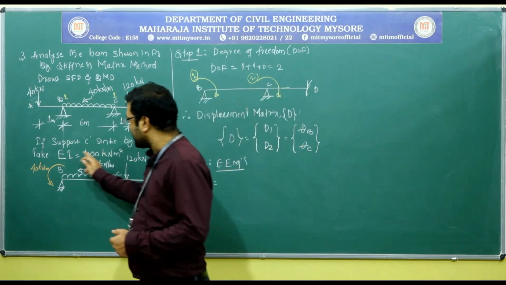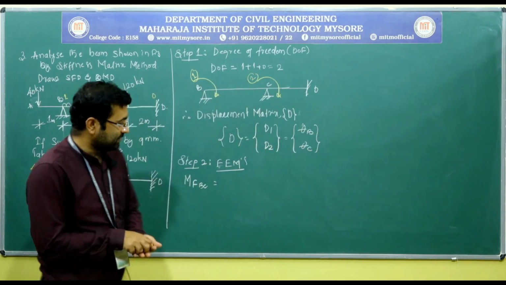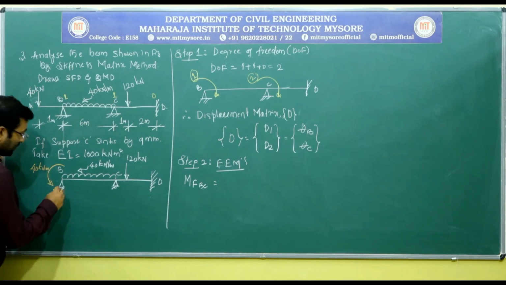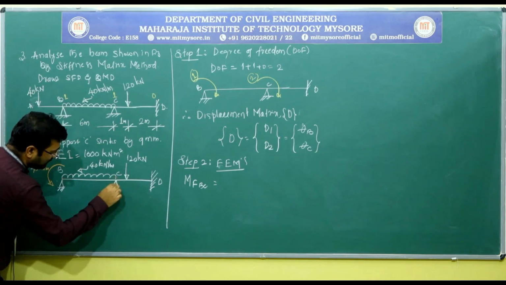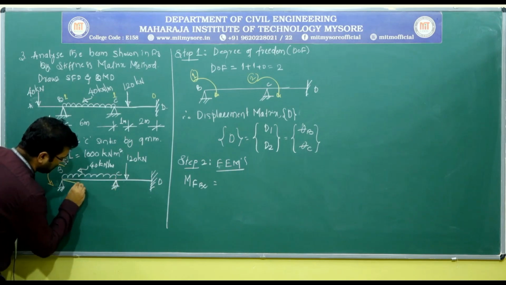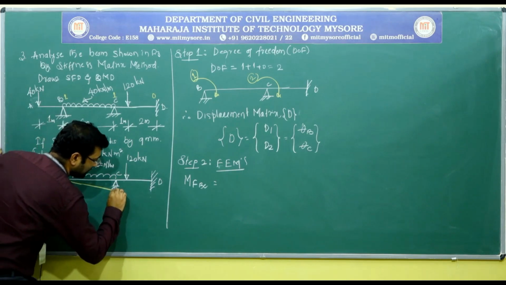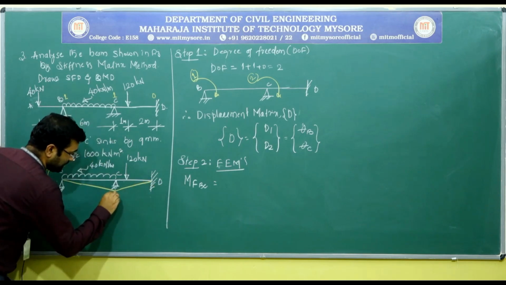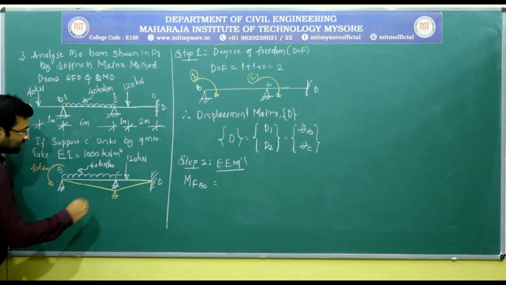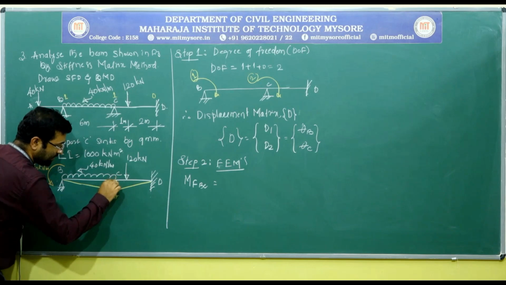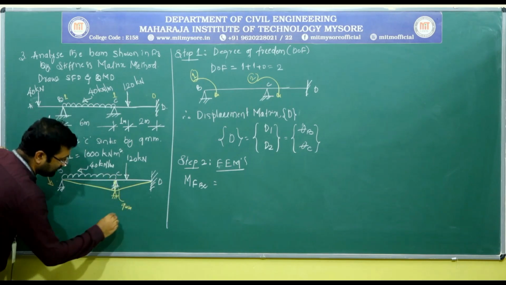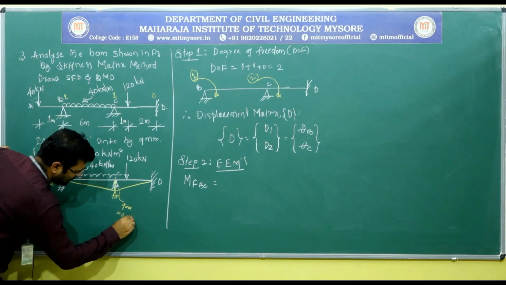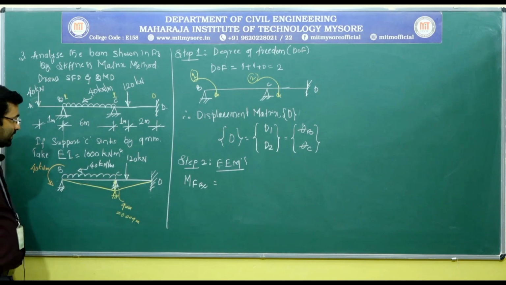So let us see. For this beam, if I draw the sinking status, you can see because of the sinking of support C, this is the shape of the beam. This support is undergoing a sinking of 9 millimeter, which equals 0.009 meter, right.